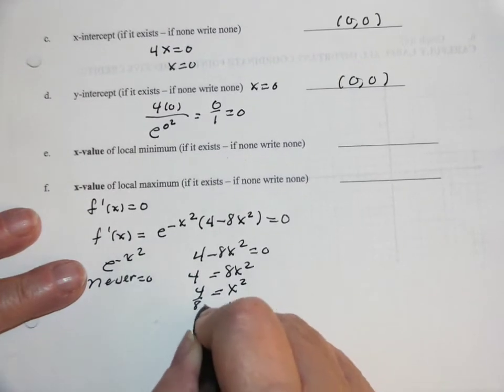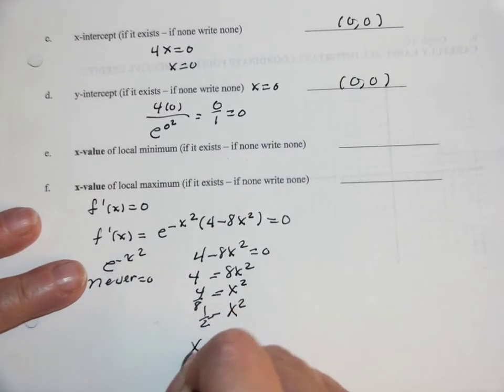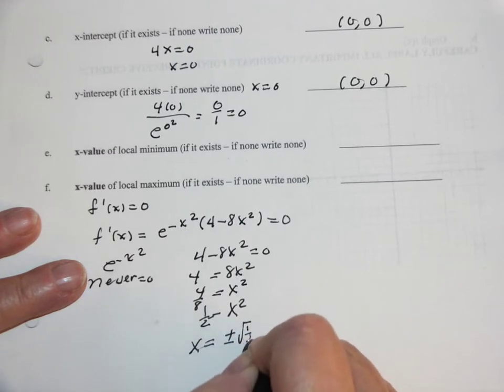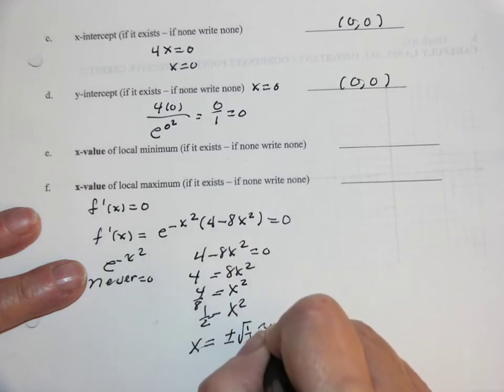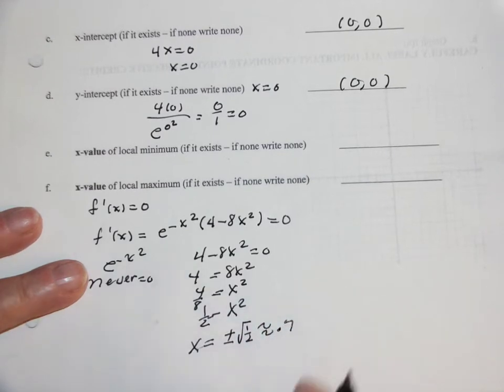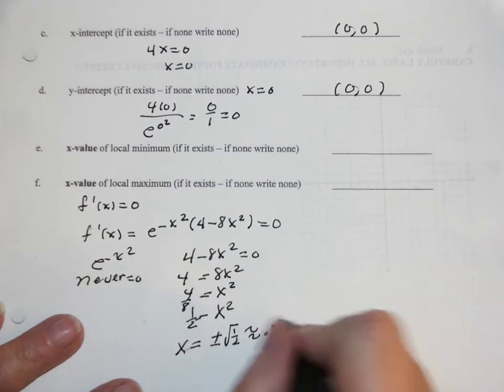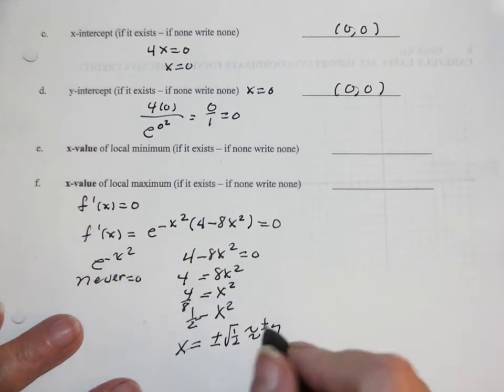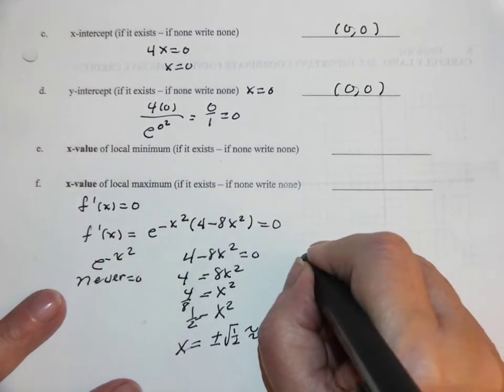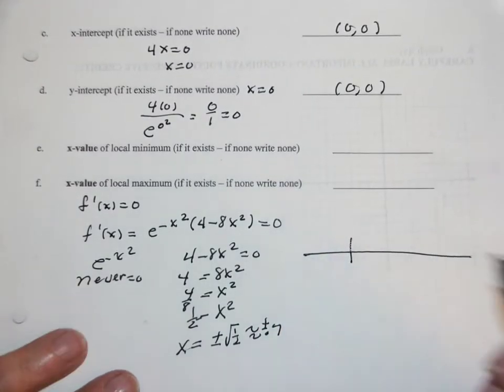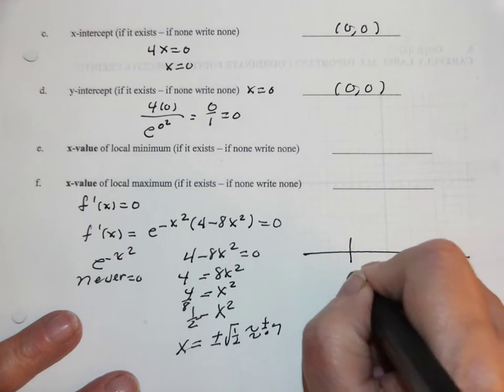X squared equals 1/2, or x equals plus or minus the square root of 1/2, which is approximately 0.7, or plus or minus 0.7. And their multiplicity is 1.